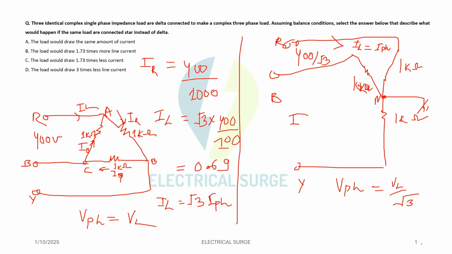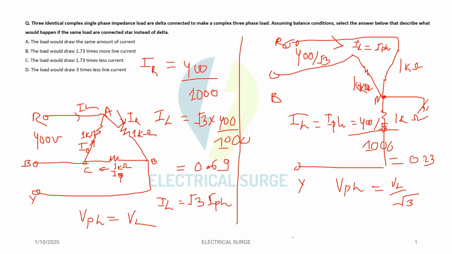Similarly, line voltage is root 3 times the phase voltage in star connection. So the line current equals 400 divided by root 3, divided by 1000. If you divide this, you will get 0.23.